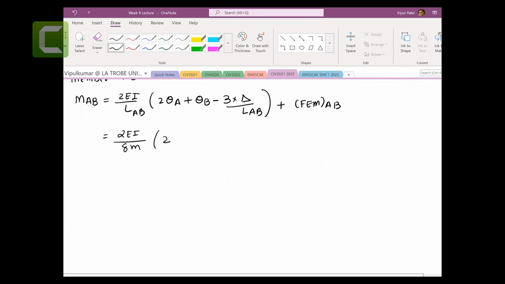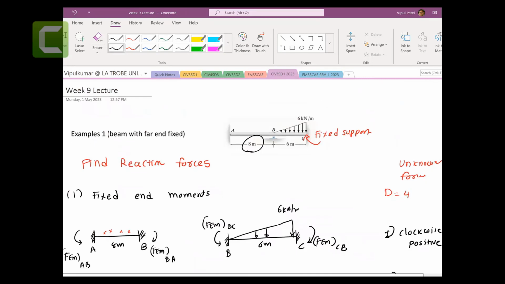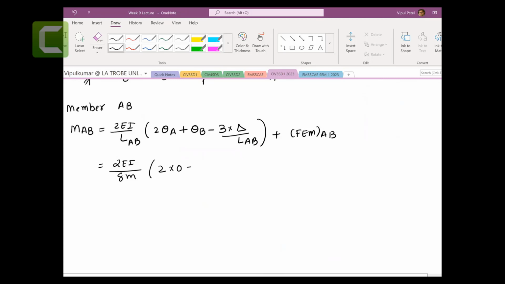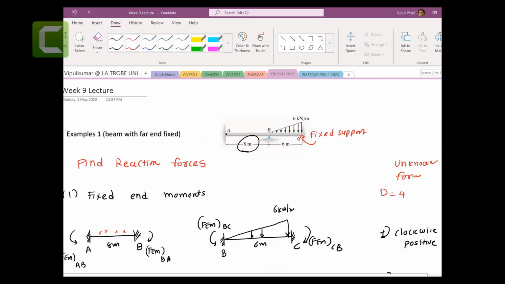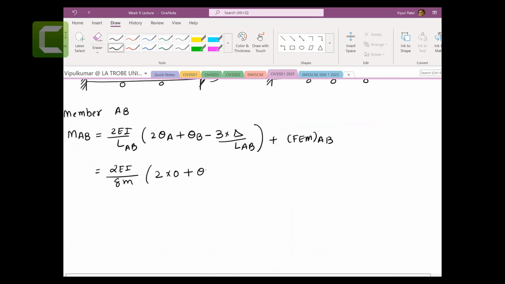Theta A is 0. From the kinematic indeterminacy, theta A is fixed, so there is no rotation at A. Theta B has a rotation, because you already calculated the kinematic degree of indeterminacy. You remember that. So theta B is an unknown value. Minus 3, there is no settlement, so that displacement is 0.